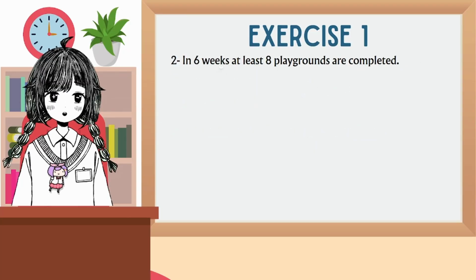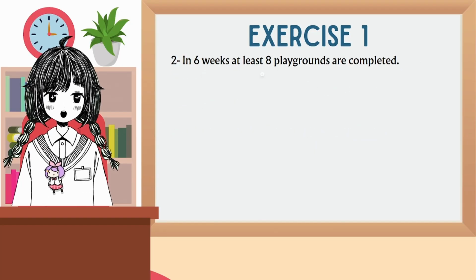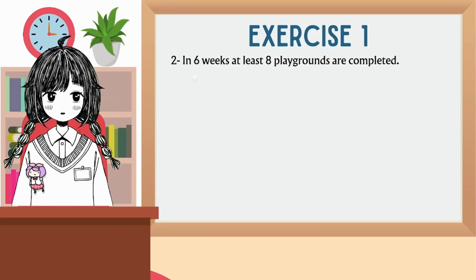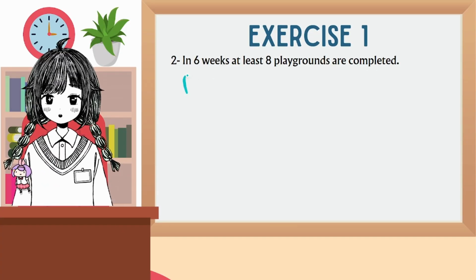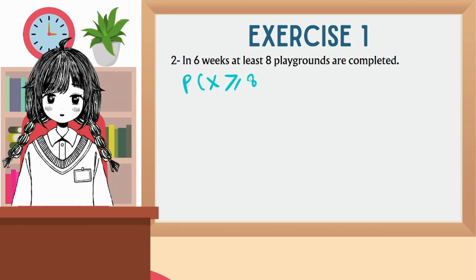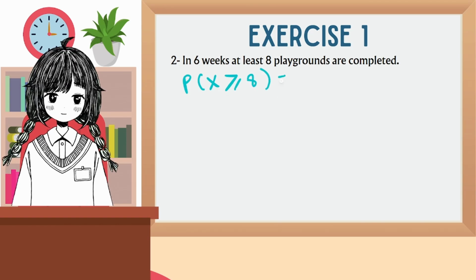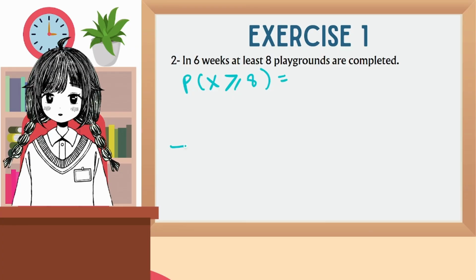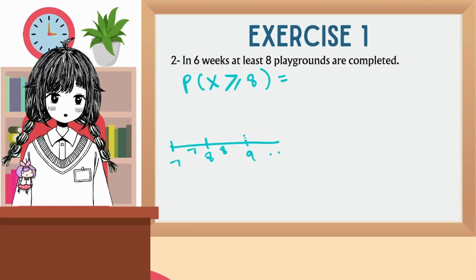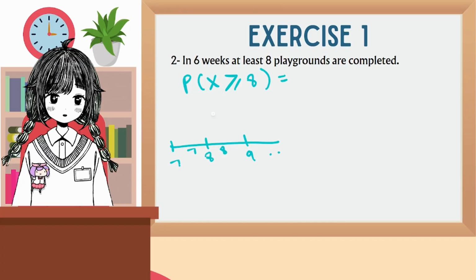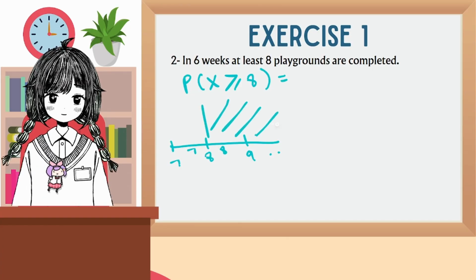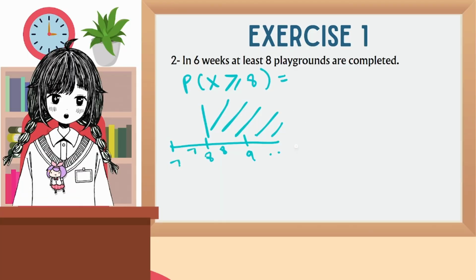Question 2, in 6 weeks, at least 8 playgrounds are completed. So at least 8 means X more than or equal to 8. From the graph, we must include the 8 and the above.